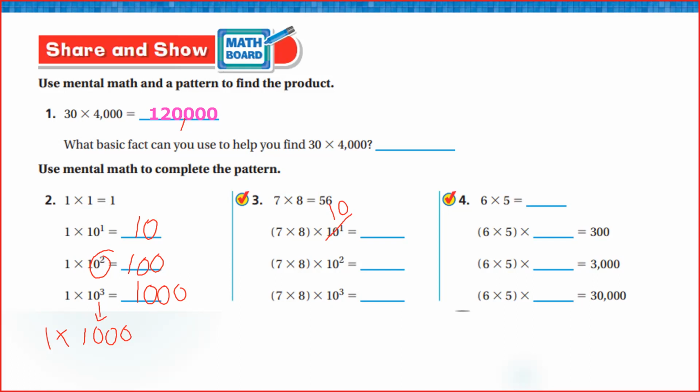Okay? But now 7 times 8 times 10. How many zeros for 10? 1 zero. I'm talking with the, I forget, just a minute. Widyan, are you here?